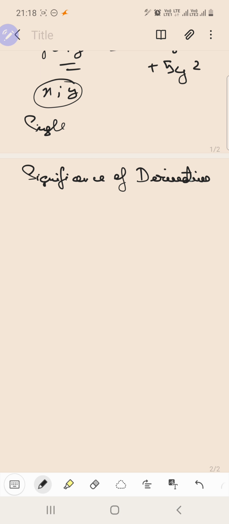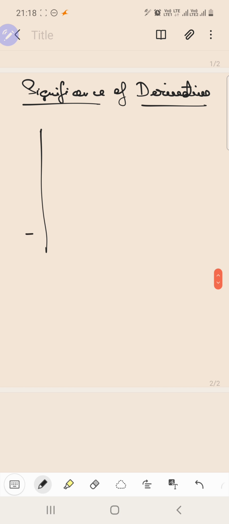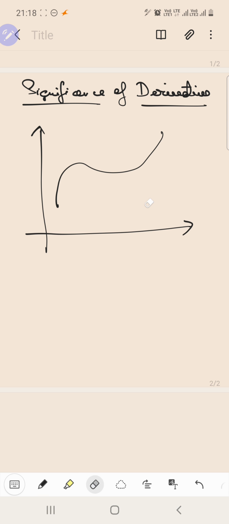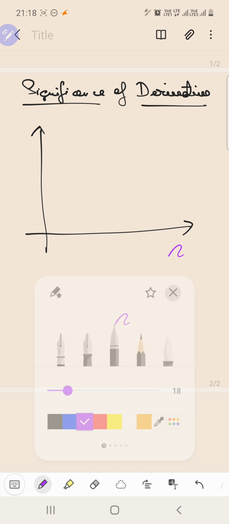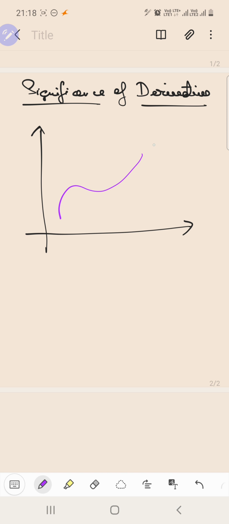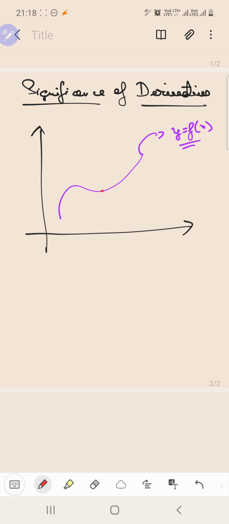Significance of derivative. Suppose we have a function y = f(x) given like this. Let me draw it in a different color. And we choose 2 points on this particular graph.